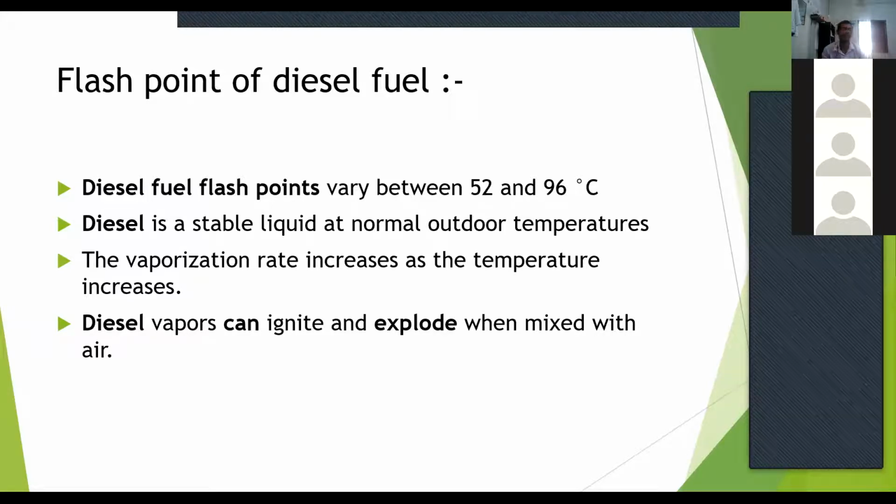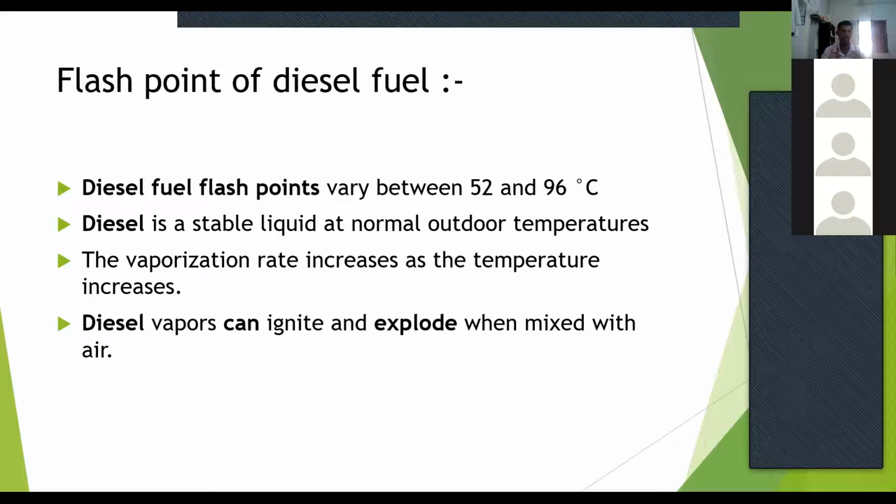The flash point may change according to the atmospheric pressure or the pressure of the environment, and there may be changes in the chemical components inside that fuel.